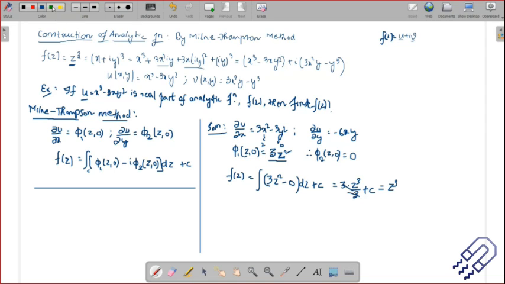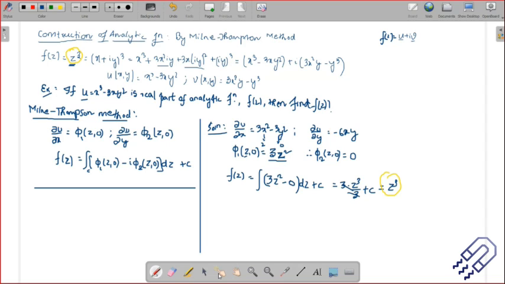See, this is the one that we are actually finding out. This is z cubed, and we did say that we started from z cubed. So this is just a way to verify that yes, the Milne Thompson method works. That's the only thing I'm doing. That's why I analyzed it first, and then used the Milne Thompson method to find the function. We're going to get different kinds of problems.